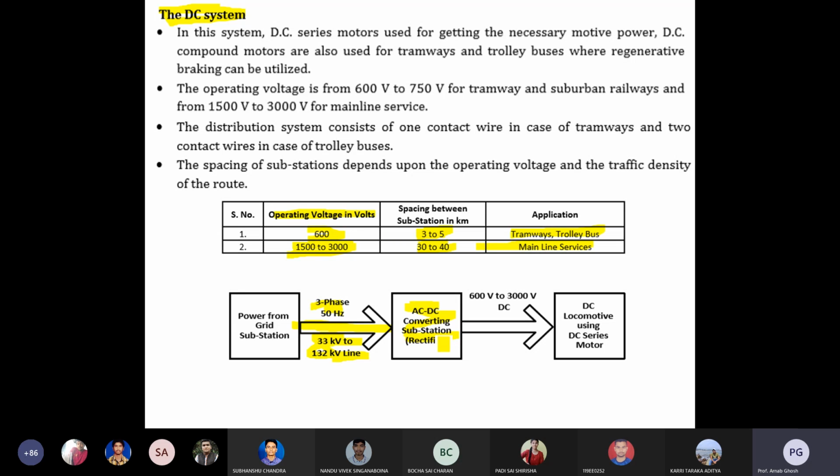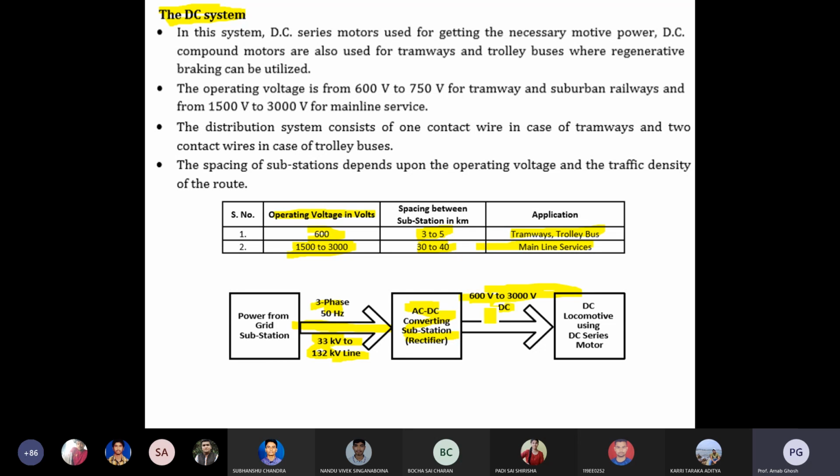Okay, so 25 kV. Then you are using the 25 kV as per your requirement. Okay, so 600 volt to 3000 volt DC, based on your locomotive. Their voltage level is different, means for mainline service, normally 3000 to 5000 volt you are using.